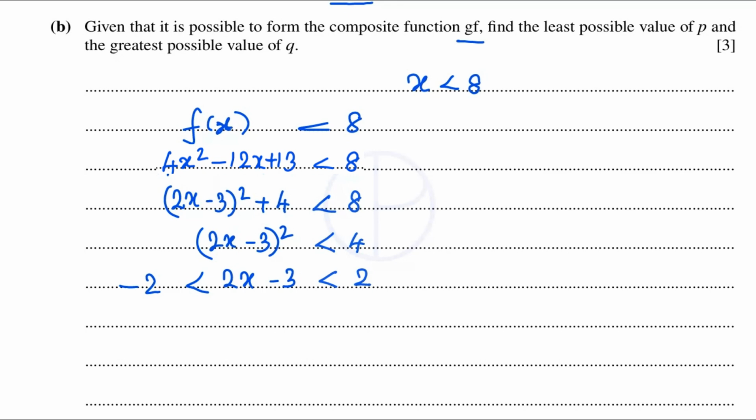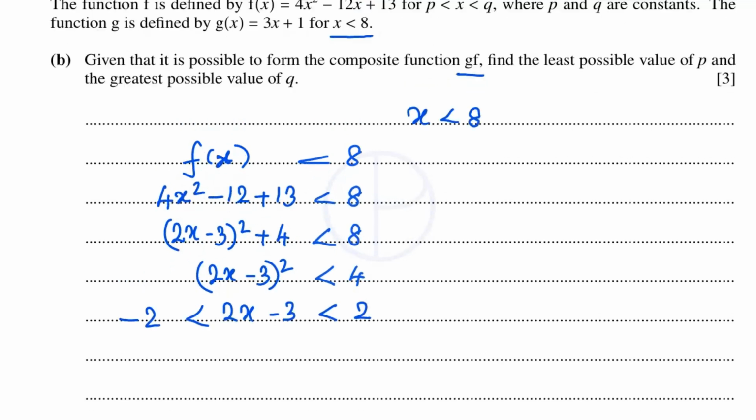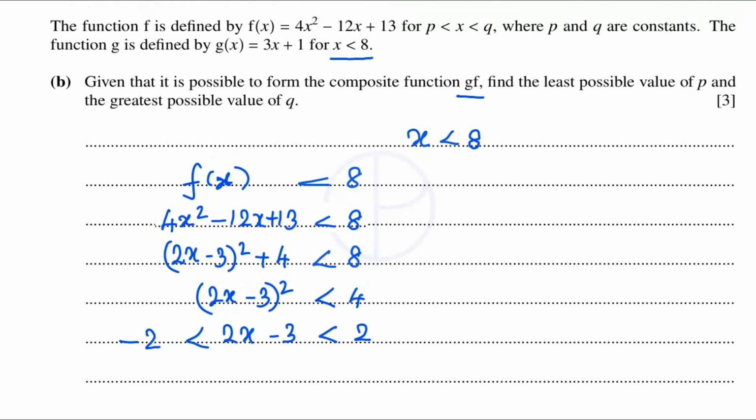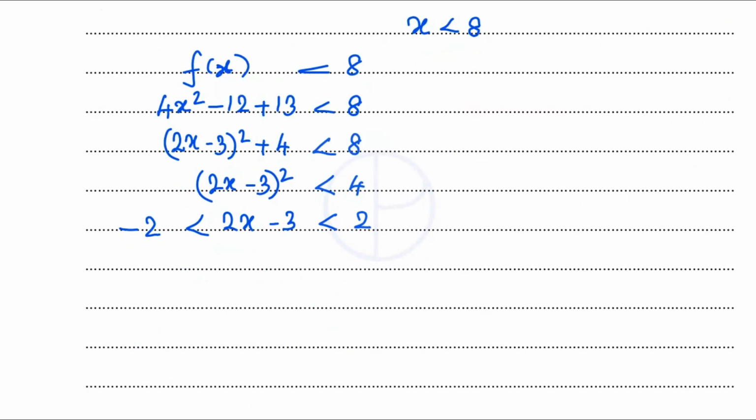Now we need to find the x value, because here x lies between p and q. So now add 3 to all the terms. So we get 1 less than 2x less than 5.